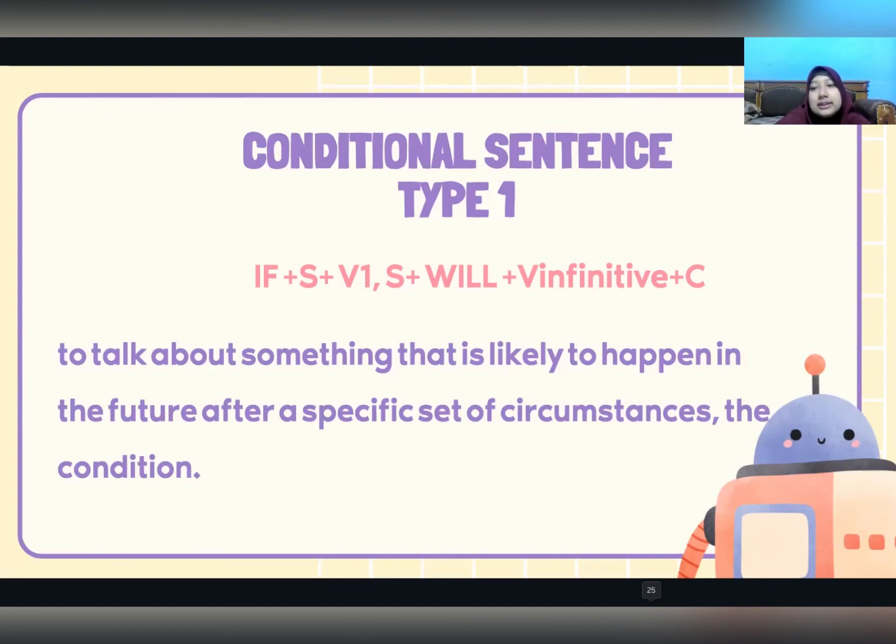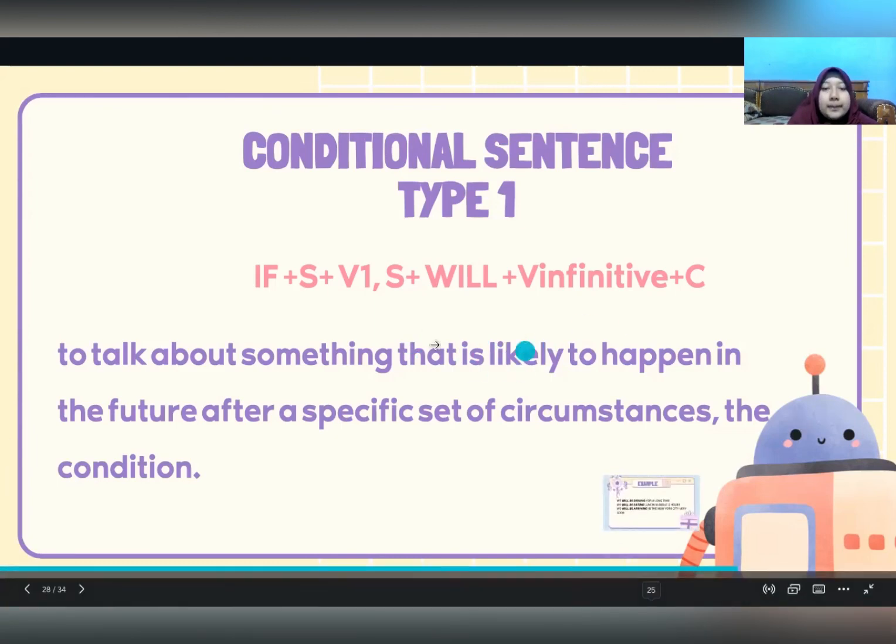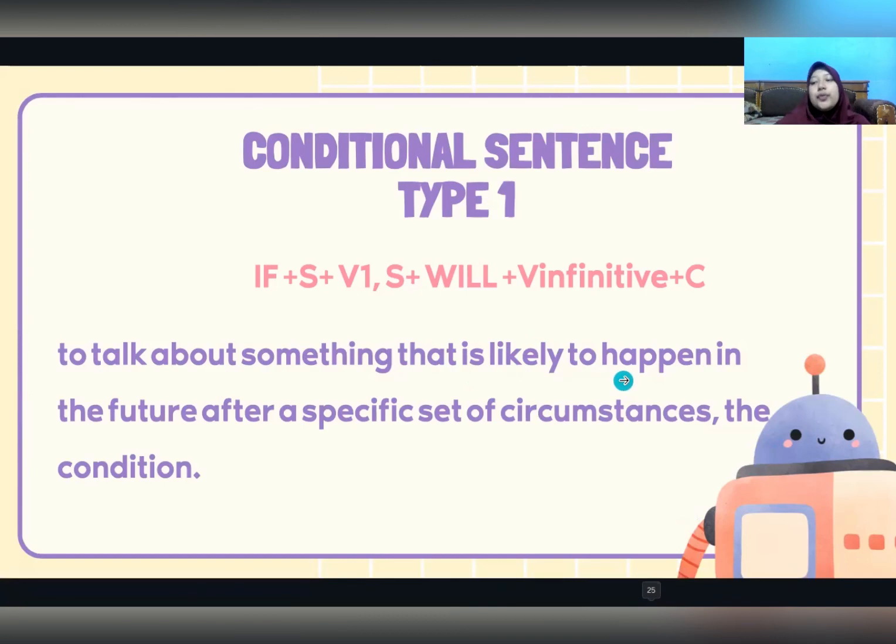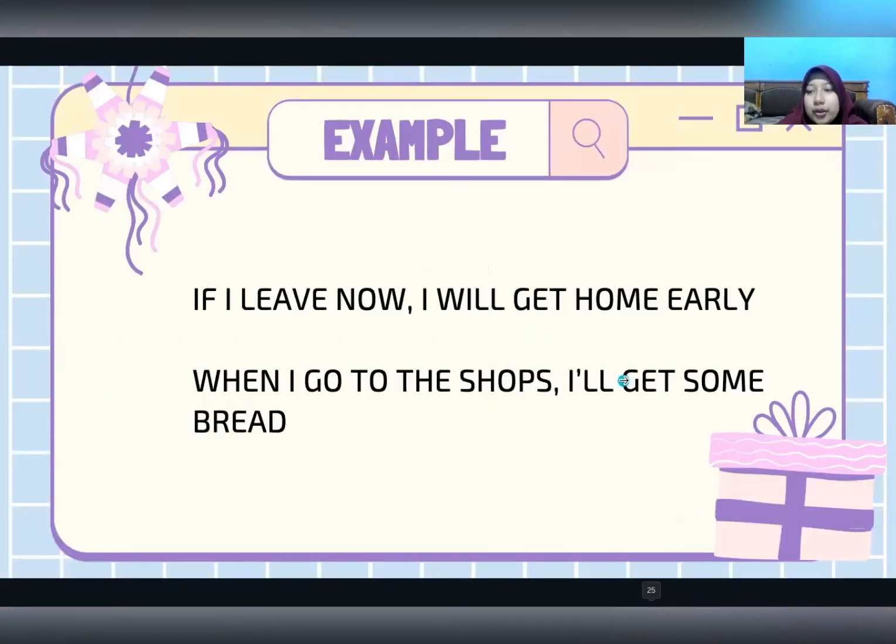So the activity told in the sentence is something that will likely happen in the future. Let's go to the examples. The first example: if I leave now, I will get home early. Second: when I go to the shop, I will get some bread.